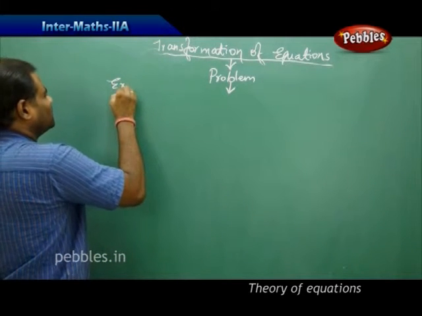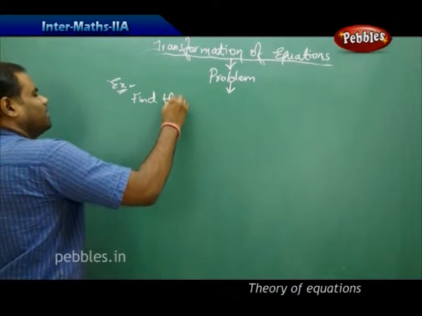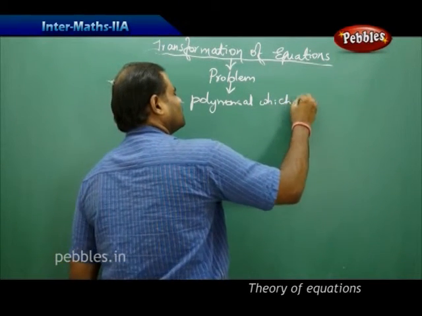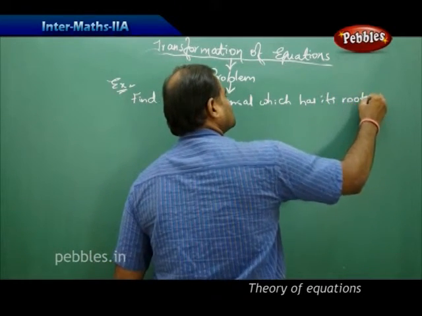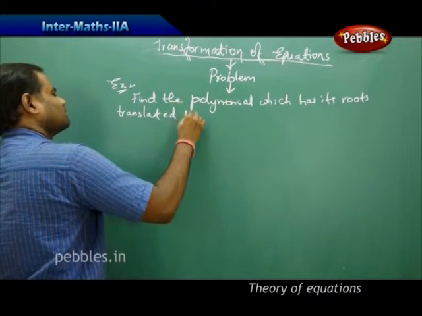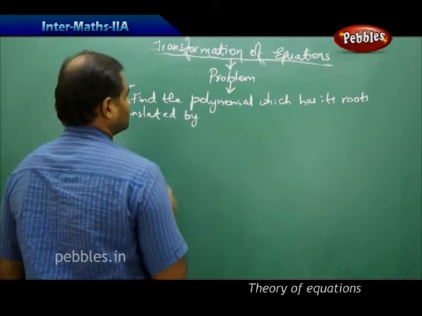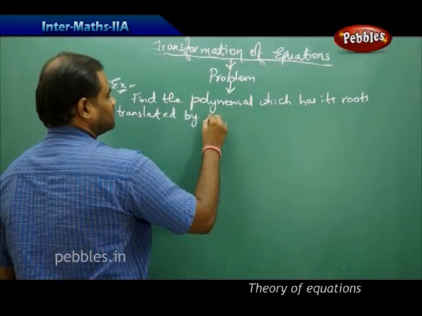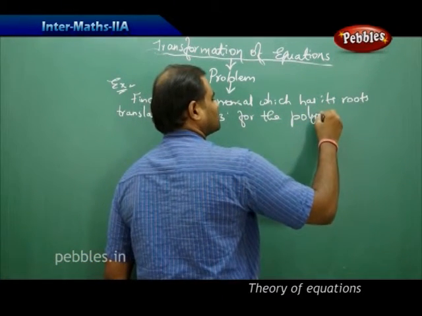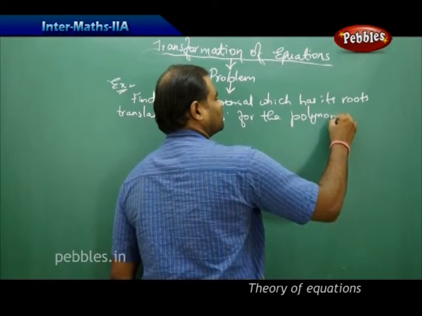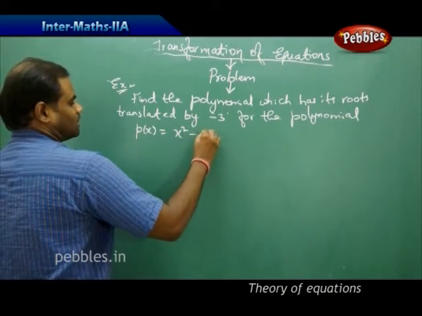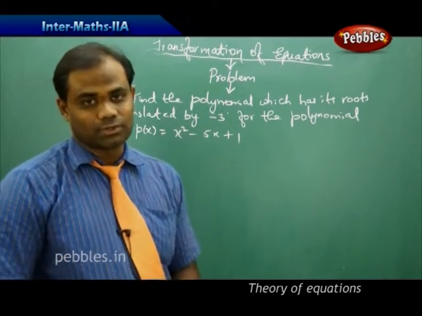So my example problem here says, find the polynomial equation, or find the polynomial, which has its roots translated by -3 for the polynomial p of x equals x square minus 5x plus 1 is what we get here.